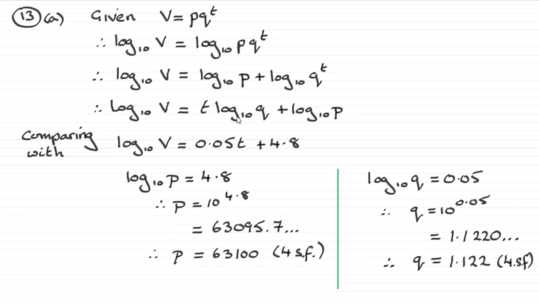You'll notice I've switched the terms round because this now compares with what we've been given. And we can just compare these terms and work out our values for p and then q. So if I look at the n value here, you can see that the log of p in base 10 must be equal to 4.8.